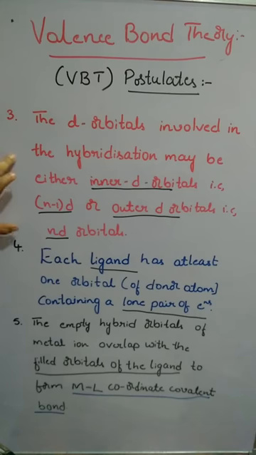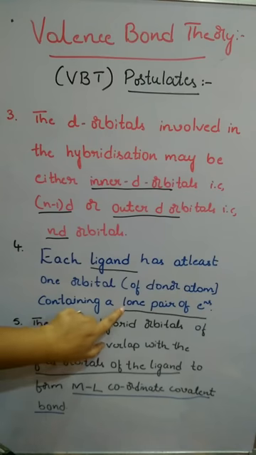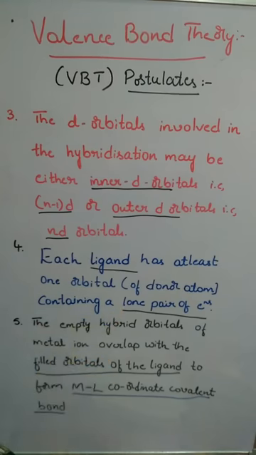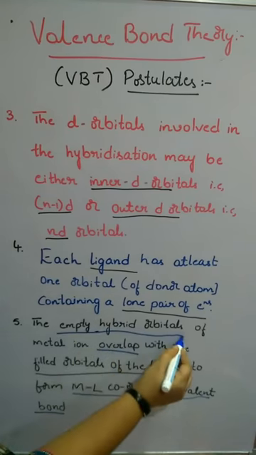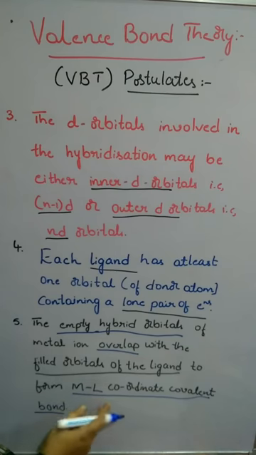The third is that either inner d orbitals or outer d orbitals will be involved in the hybridization of metal orbitals. Next, a ligand should contain a lone pair of electrons, and that orbital overlaps with the empty hybrid orbitals of the metal to form a metal-ligand coordinate covalent bond.